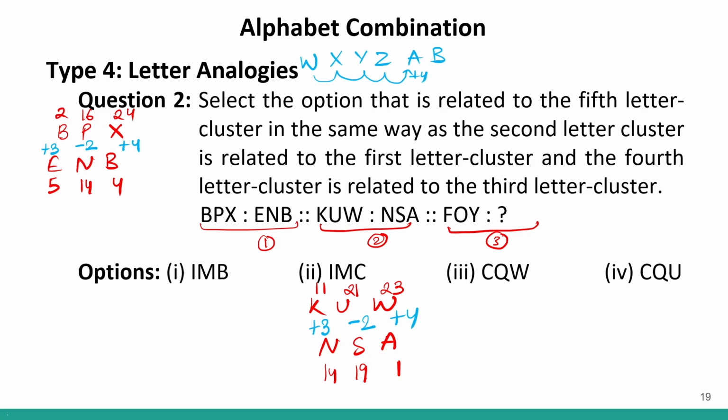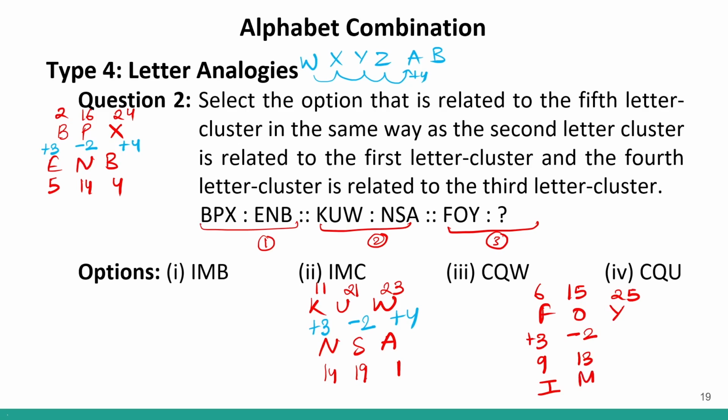So we will do the same thing for F, O, Y. F is 6, O is 15, Y is 25. So if I move plus 3 from 6, I will get 9. At 9th position, what is the letter? I. Correct? If I move minus 2, I will get 13th.